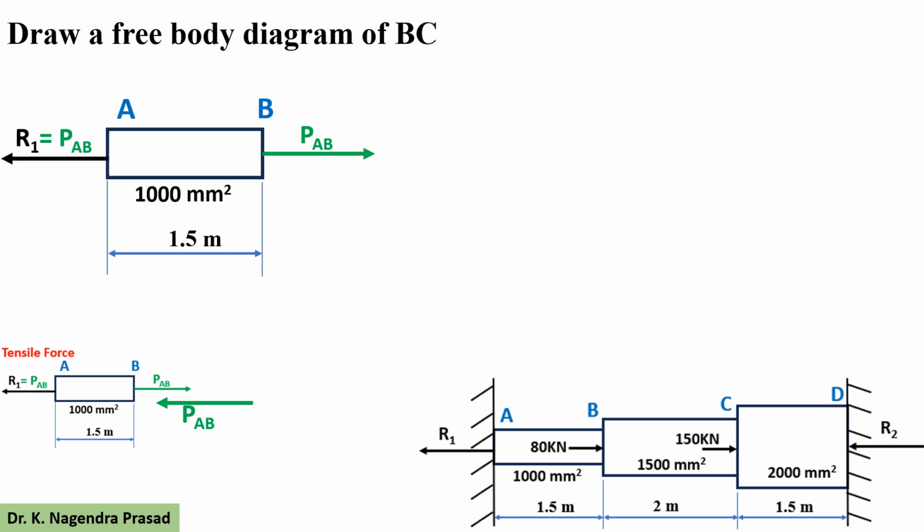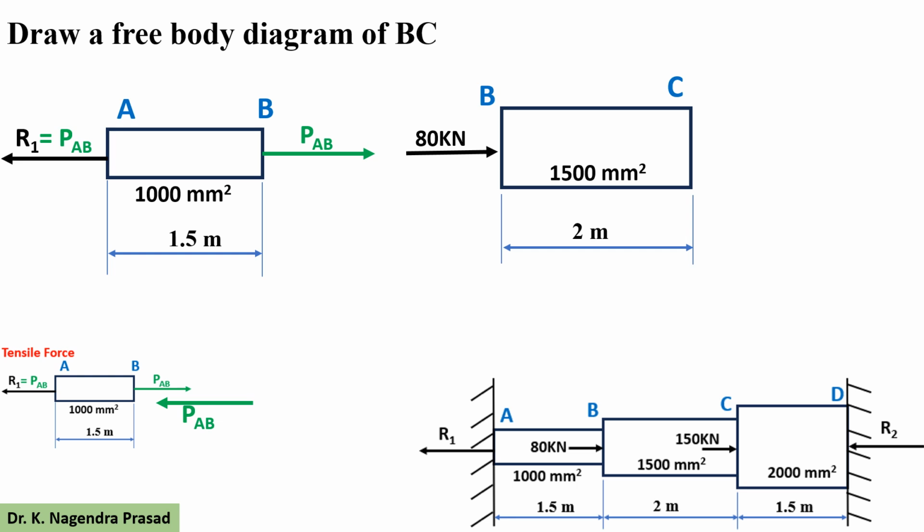Next, we have to draw a free body diagram of portion BC. Here, force 80 kN is acting at the left hand side of portion BC. Moreover, another reaction force PAB in the opposite direction in portion AB is also acting.